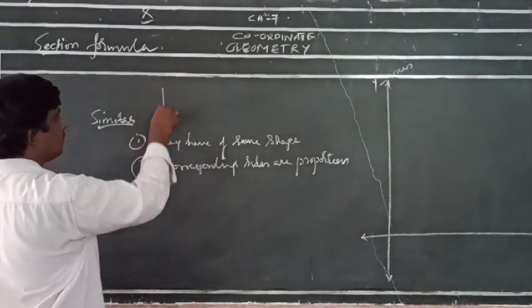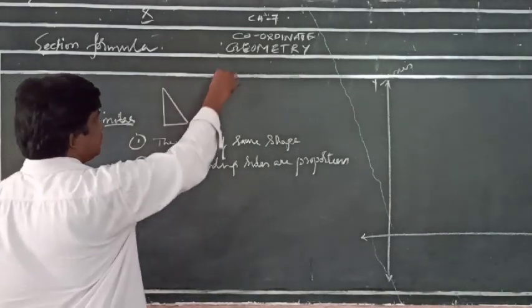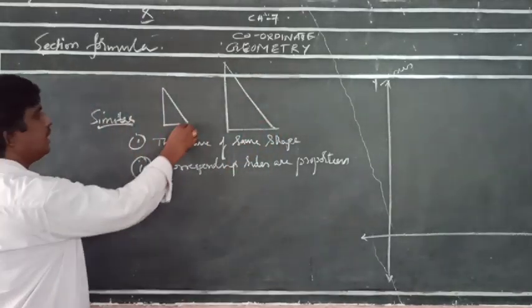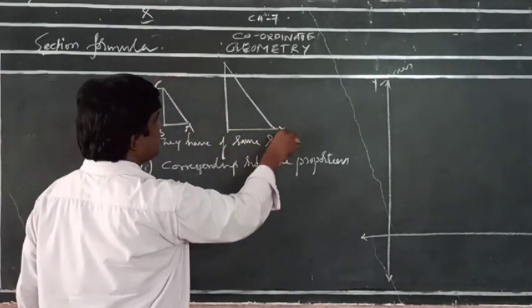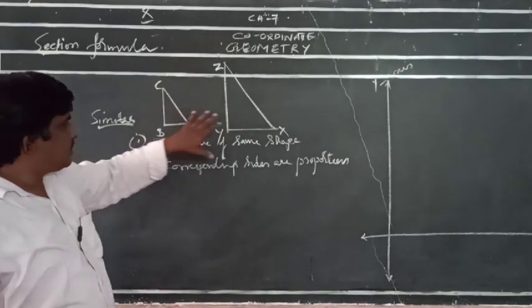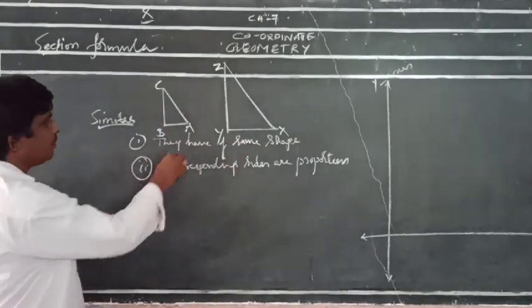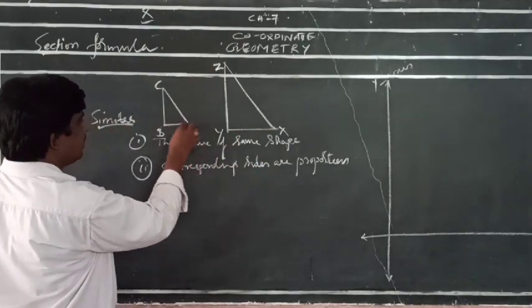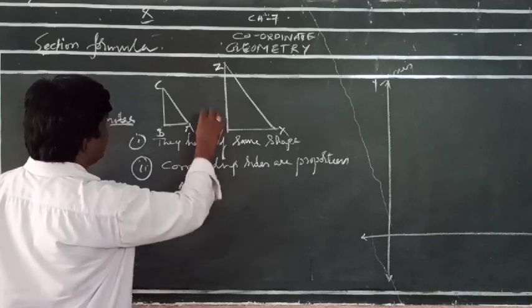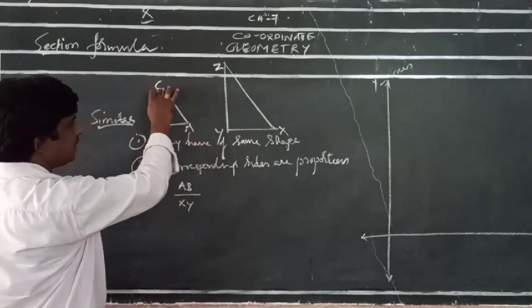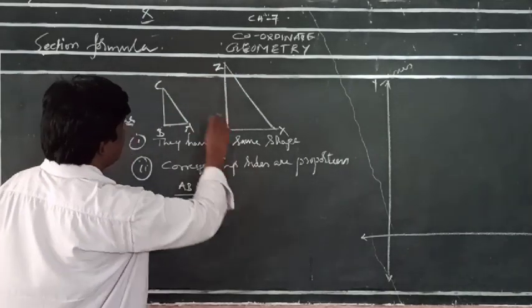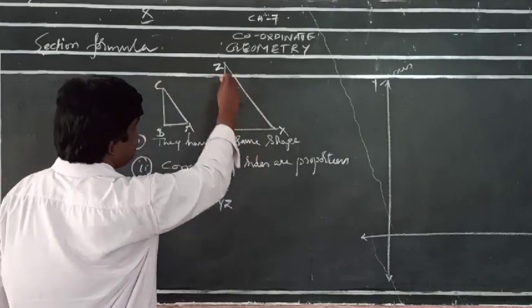So suppose we take right angle triangles. Suppose this is A, B, C, and this is X, Y, Z. These two triangles are similar if and only if the corresponding sides' ratios are equal. The corresponding side of AB is XY, the corresponding side of BC is YZ, and the corresponding side of AC is XZ.